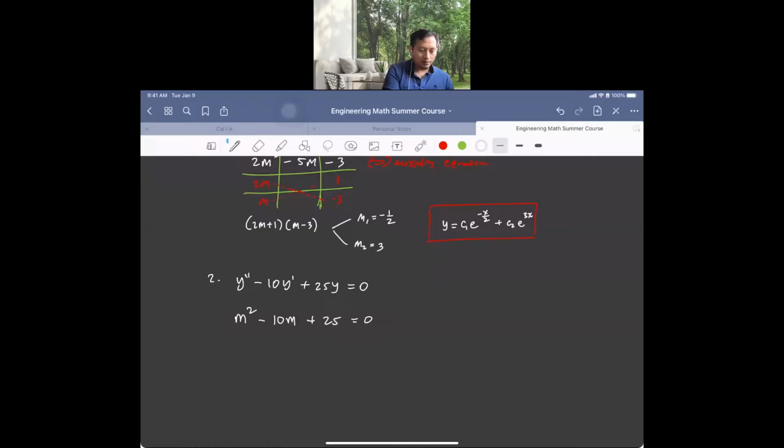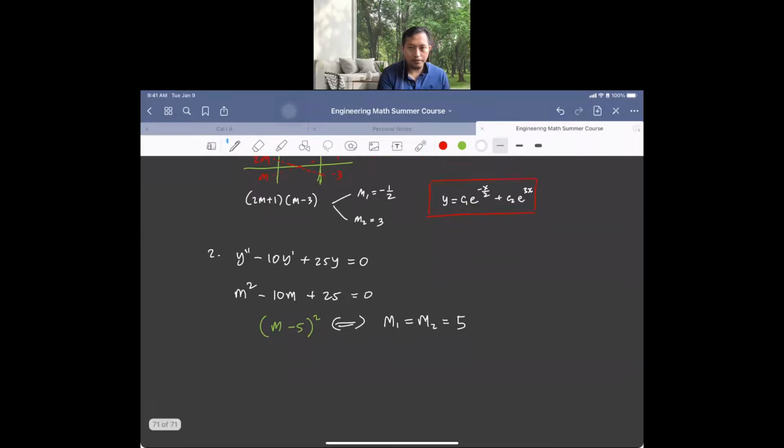I think this is very simple. We will just have (m minus 5) squared. So in this case, we have m1 equal m2 equal 5. So we have the second case.